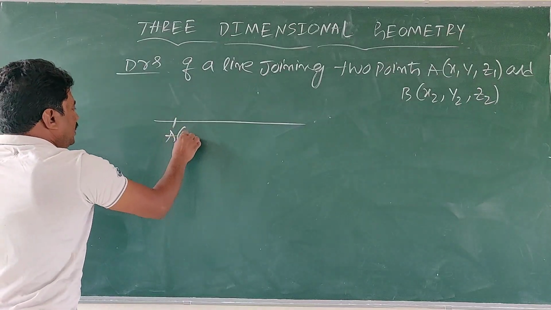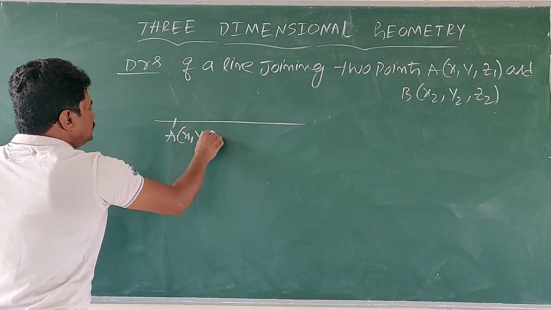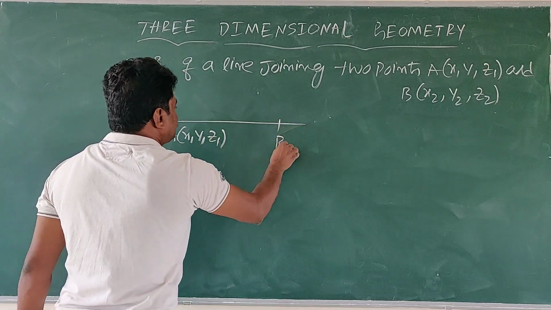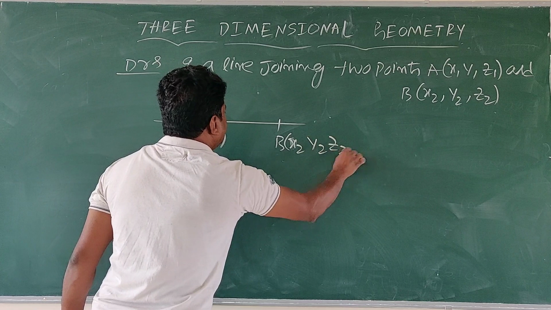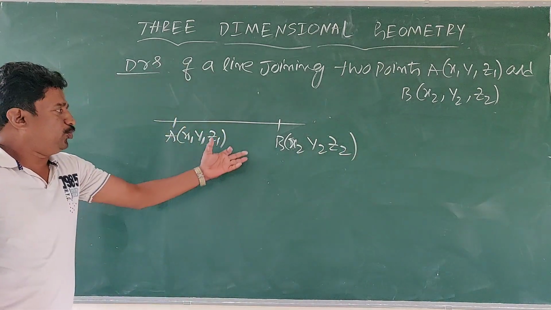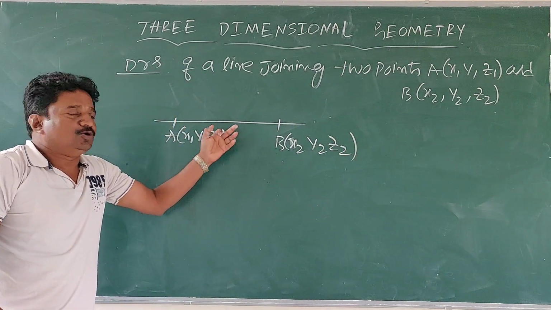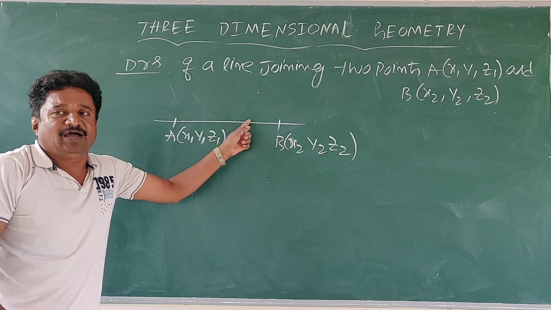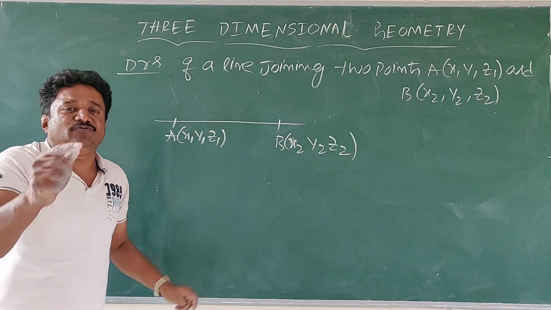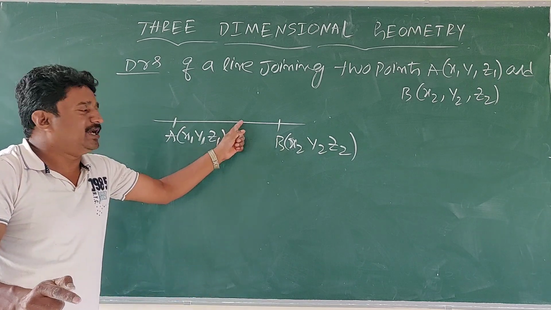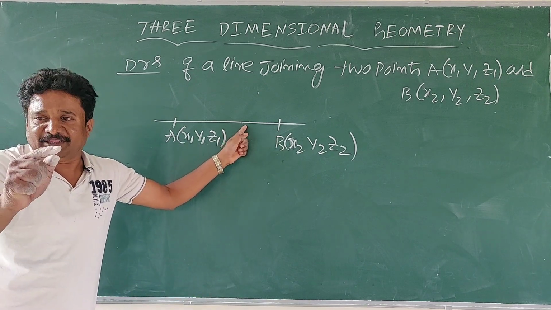Right, 2 points on a line are given, 2 points on a line are known. How to calculate the DRs of this line? I use the vector method, students. To find the DRs of this line, I use the vector method.